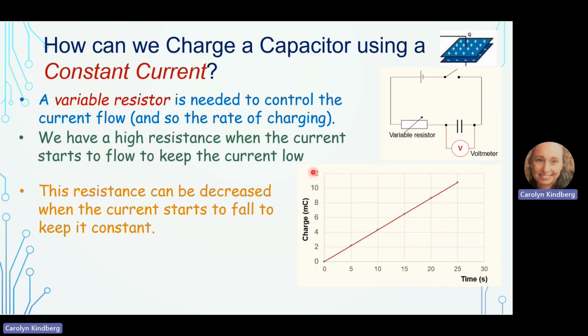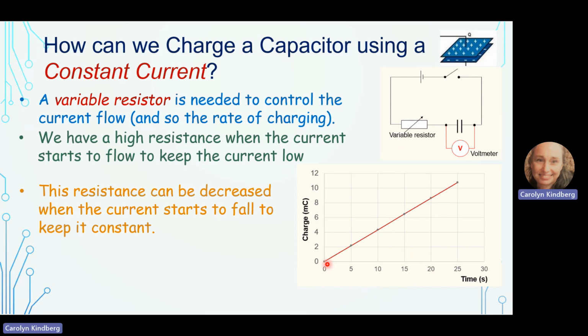If we draw a charge-time graph for this situation, we can see that the charge now increases at the same rate throughout the charging of the capacitor. We know the current is equal to the gradient. The gradient is now constant because we have a straight line, showing that we've got a constant current.